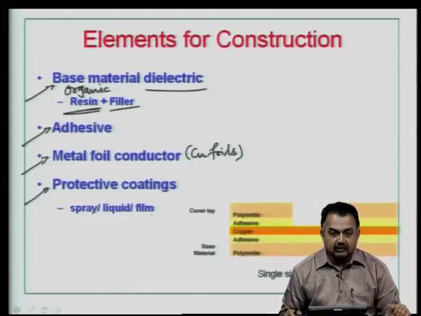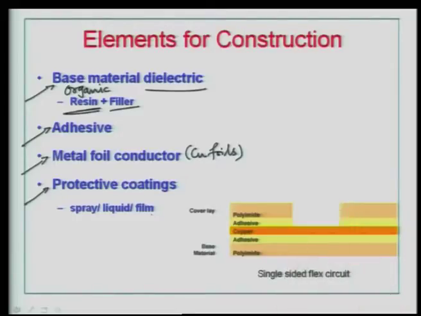If you look at the cross section here, we see a copper layer, then an adhesive layer, and then the dielectric material. And you can access the copper by this opening from the top of the dielectric material.